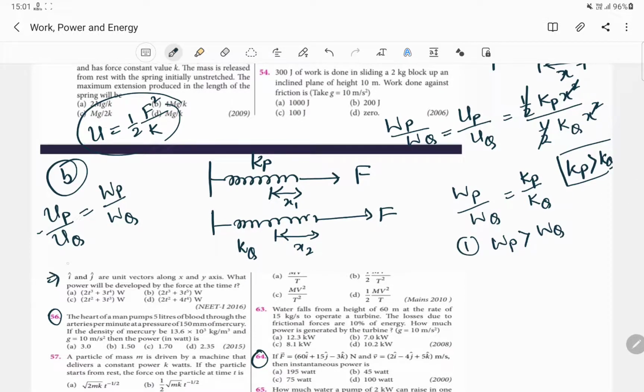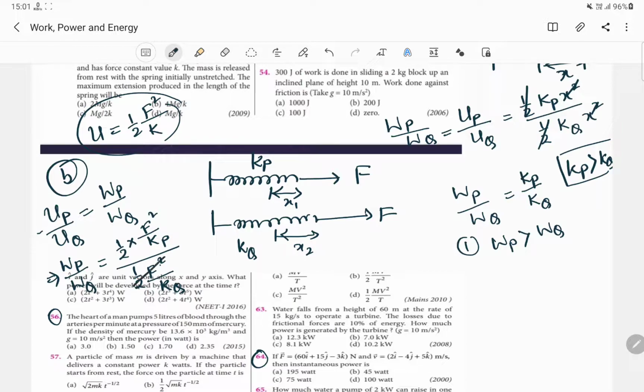This will be equal to WP divided by WQ equal to half F square divided by KP, divided by half F square divided by KQ.